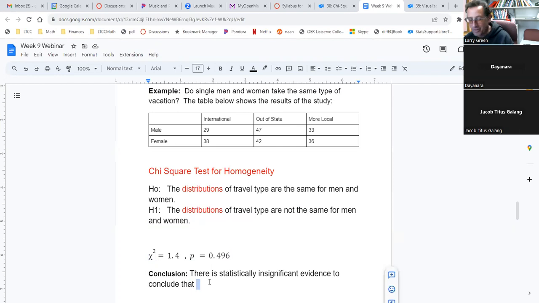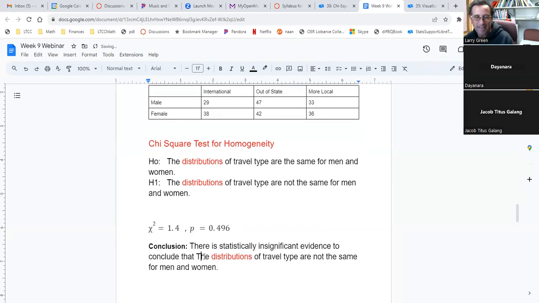Hopefully you're seeing you can always do that. That's the good news. But take the "the" and make it lowercase. The distributions of travel type are not the same for men and women. Any questions on that? Any questions?